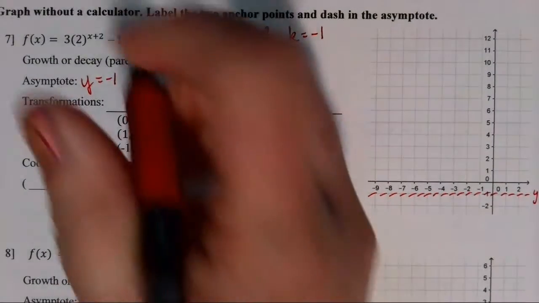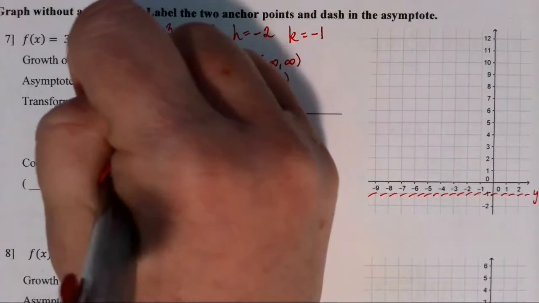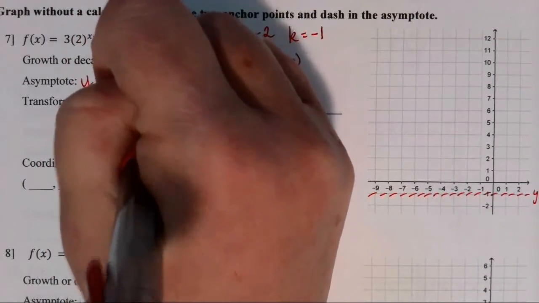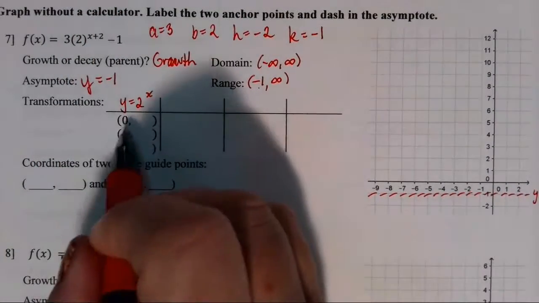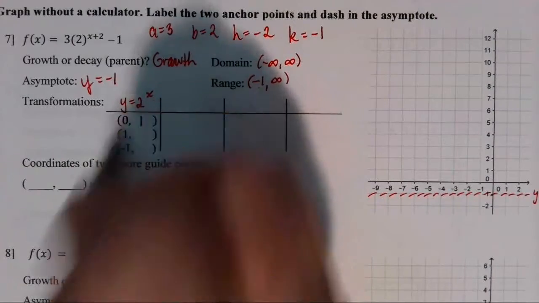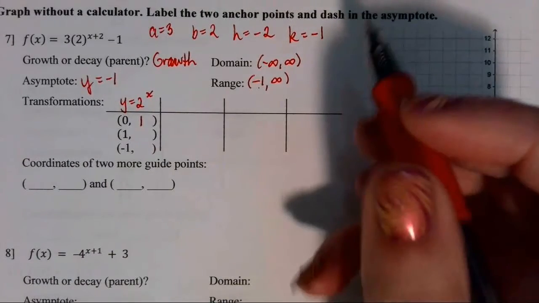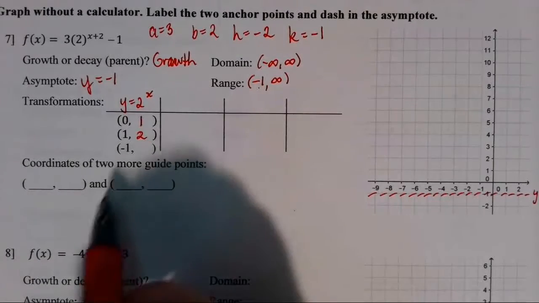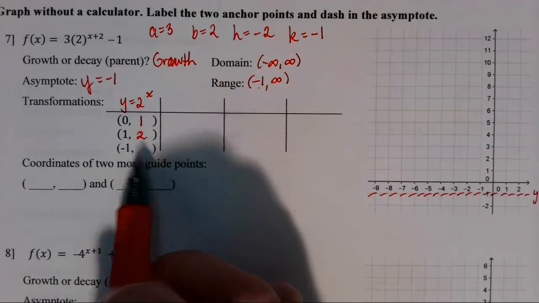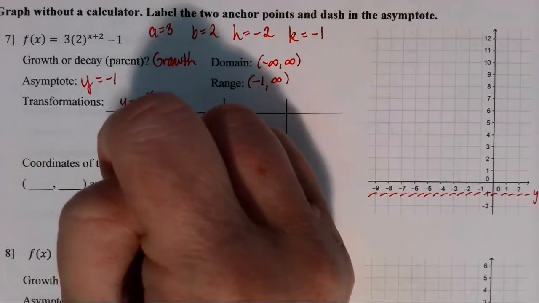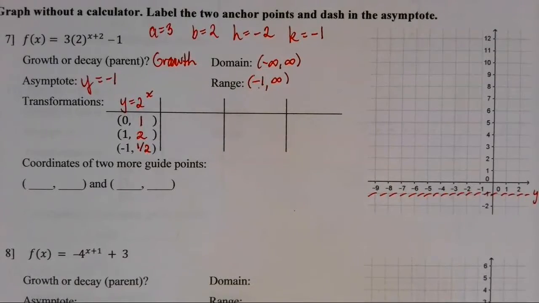And my parent graph is y equals 2 to the x power. That's going to pass through 0, 1, 1, b, and the b is a 2. And then -1, the reciprocal of b, and the reciprocal of 2 is 1/2.